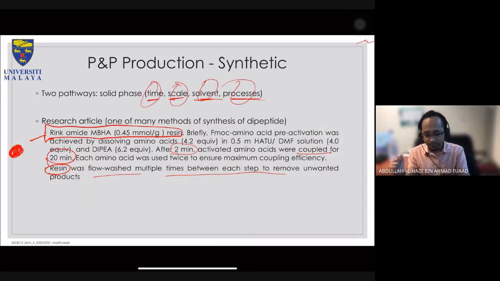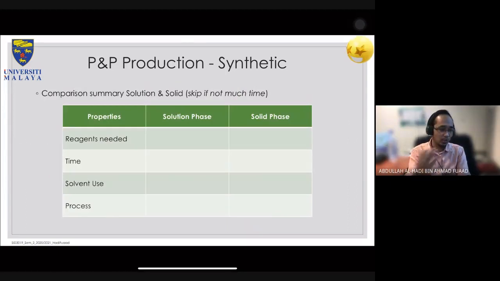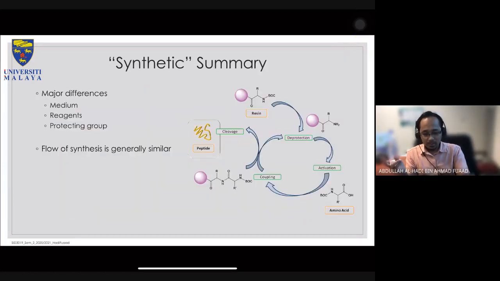All right, so you can just complete this on your own. Read through the 2 paragraphs from the 2 previous slides, and then you can fill this up. I want to skip through because of time limitation. In summary, the major differences are the medium and solvents that are being used.